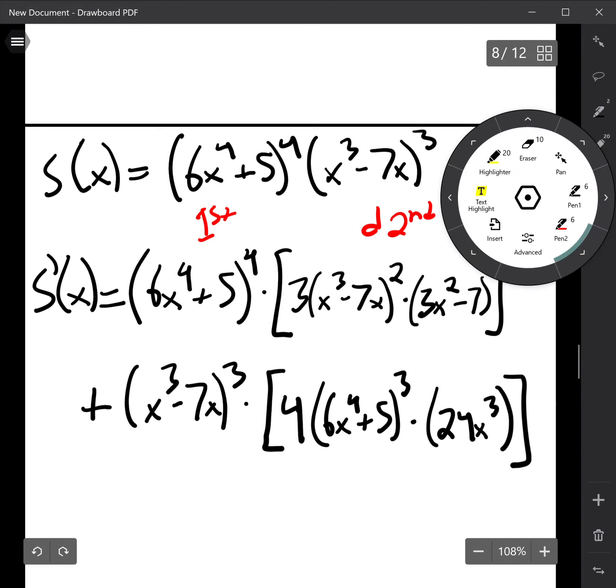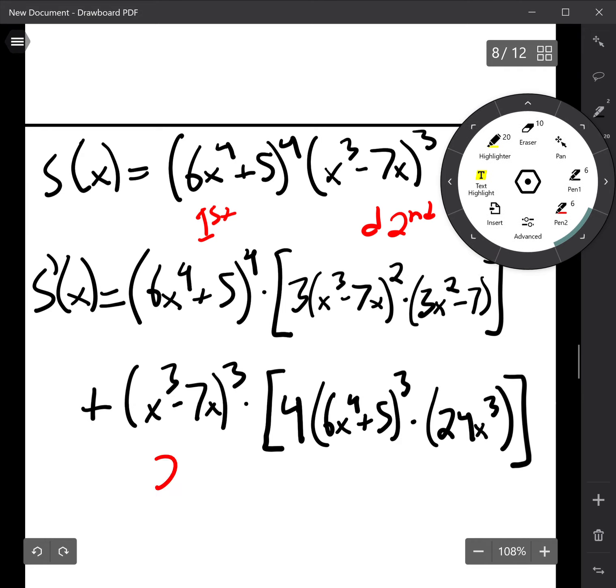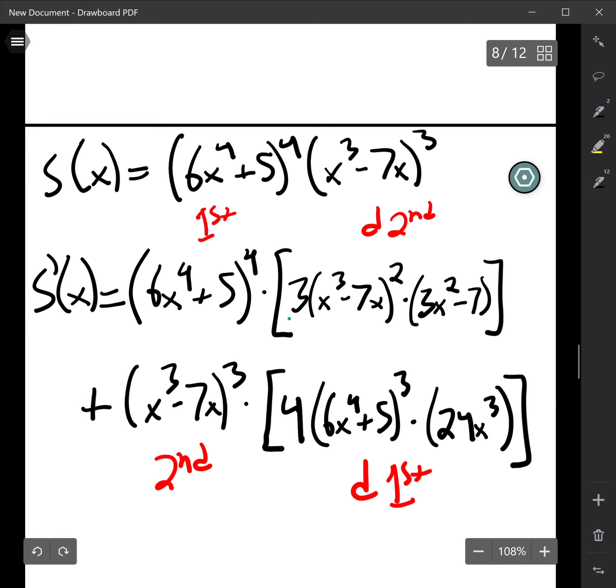So as far as big pictures are concerned, I have first d second plus second d first. But within d second, I have a chain rule, so I got d out times d in. And within d first, I have yet again d out and yet again d in right there.